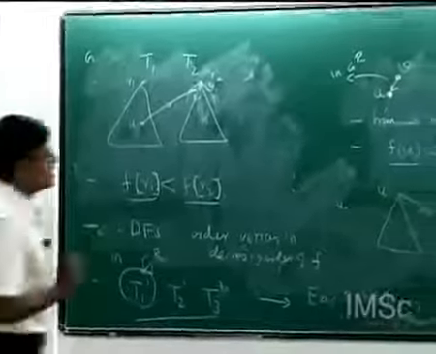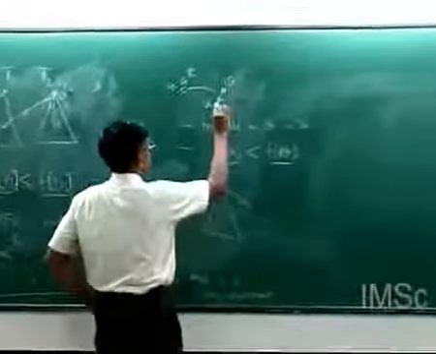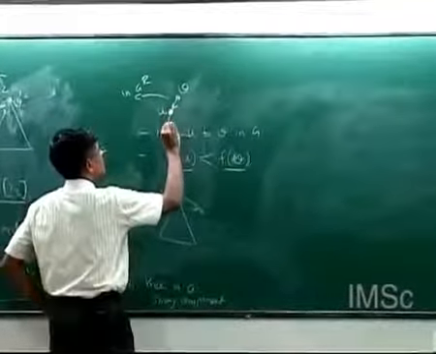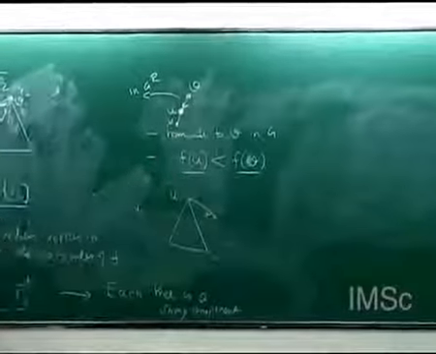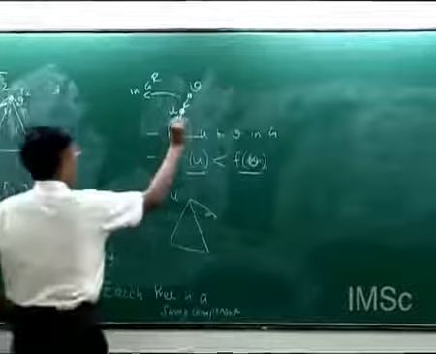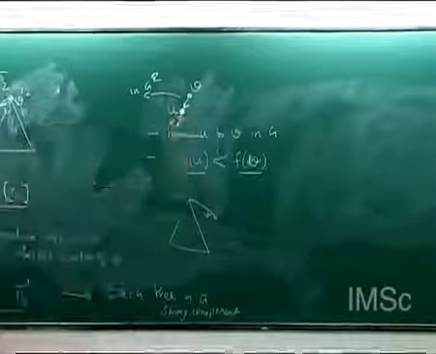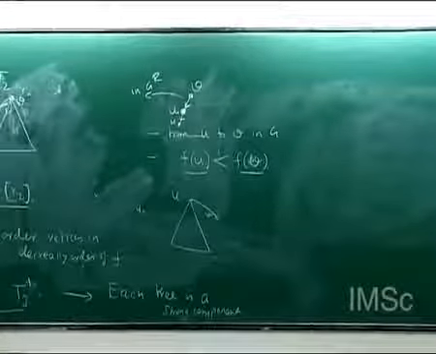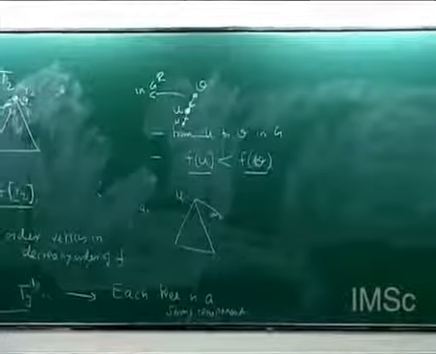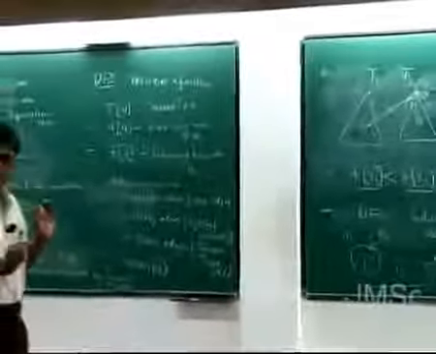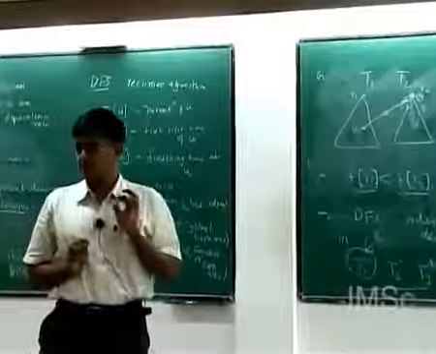But how does one push this further? Let us look at U and W, and UW is this edge. So let us recall the rule that we have applied when we do the depth first search. Whenever you look at the edges, you do this in the decreasing order of the finishing times. Let us not forget that.